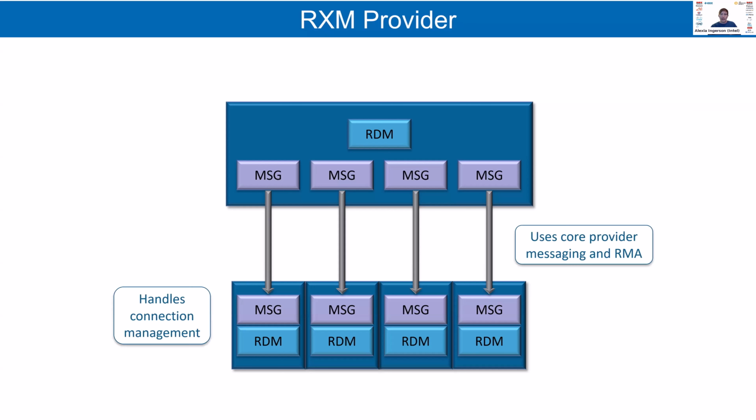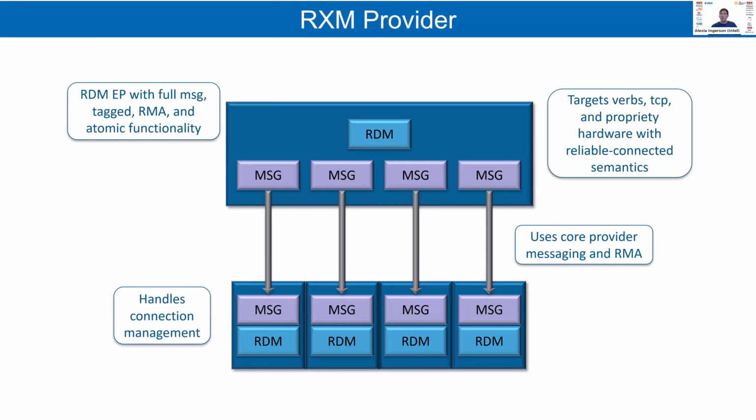So in this case, RXM is actually managing all the connections and the multiplexing for the application, and is maybe using the perhaps limited functionality of the core message provider of just its regular message and maybe RMA capabilities to expose a single, easily manageable endpoint to the application. And that endpoint is going to have full message, tagged, RMA and atomic functionality.